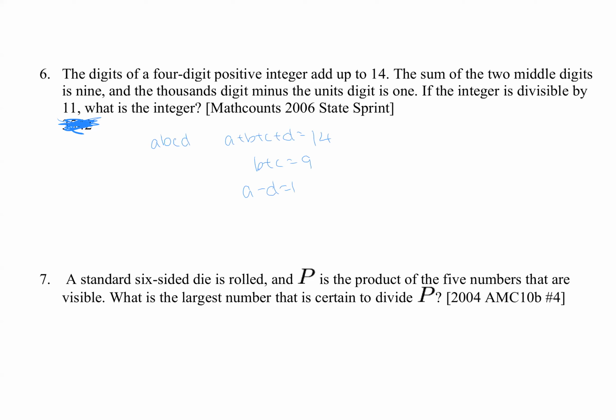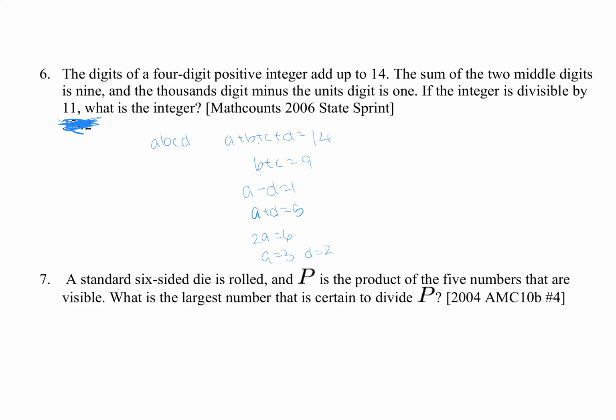Actually we can just start with this. Since A plus B plus C plus D equals 14 and B plus C equals 9, we have that A plus D equals 5, right? And then since we know that A minus D equals 1, we get that 2A equals 6, A equals 3, and D equals 2.